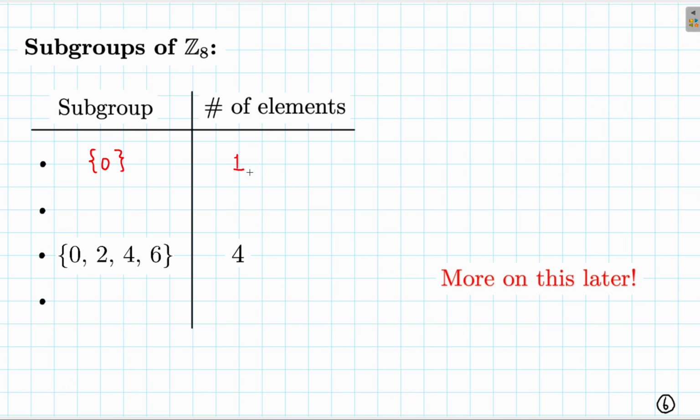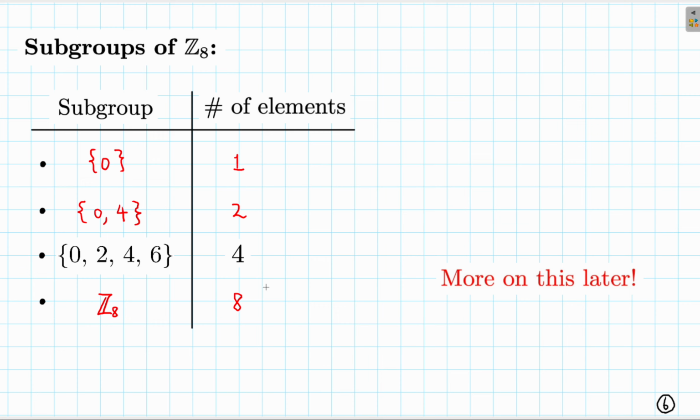That has just 1 element. Here's another subgroup of Z8 containing 0 and 4 only. And that has 2 elements. And then Z8 itself is a subgroup of Z8, and that contains 8 elements.